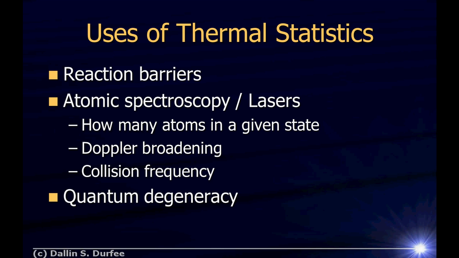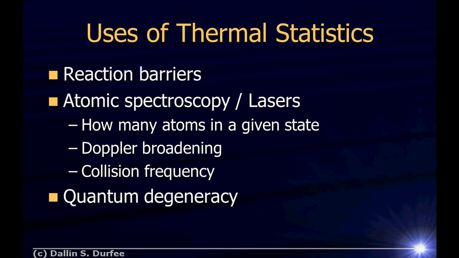So if the molecules have enough velocity, they can overcome that repulsion, get close enough together for the chemical reaction to occur. So how fast the chemical reactions occur will depend on the thermal statistics. It'll depend on how many atoms are traveling faster than some velocity.